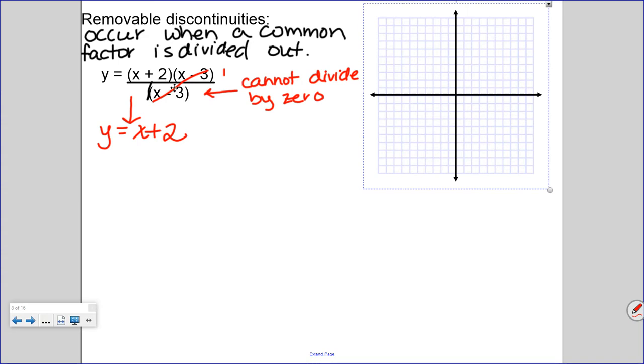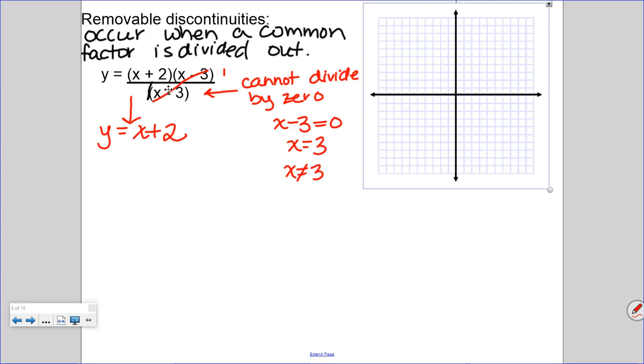So for this original problem, x could not be something that would cause the denominator to be 0. What would x be to cause the denominator to be 0? If x minus 3 were equal to 0, x being positive 3 would cause the denominator to be equal to 0. So since we can't divide by 0, x is not allowed to be positive 3.